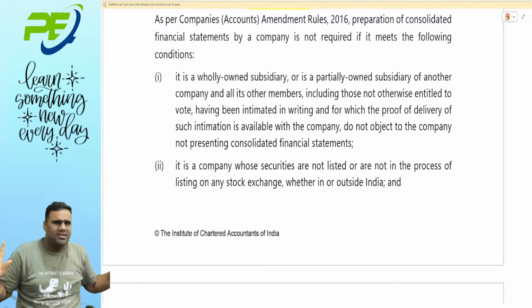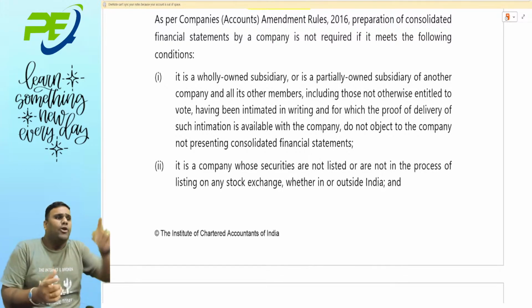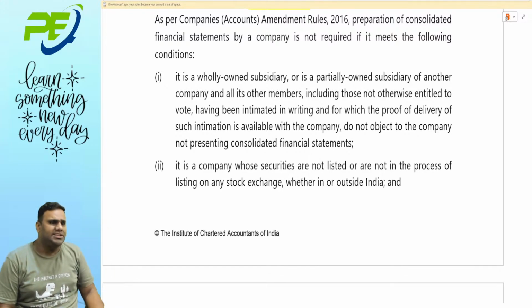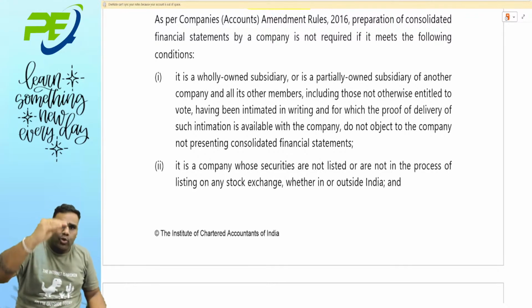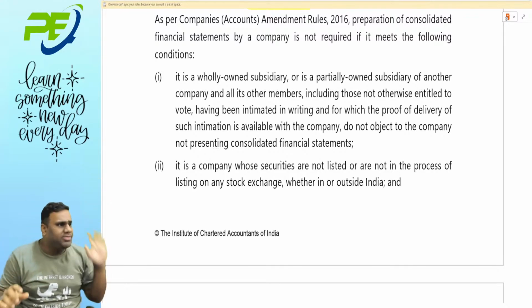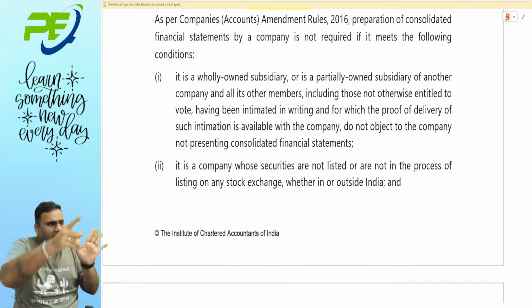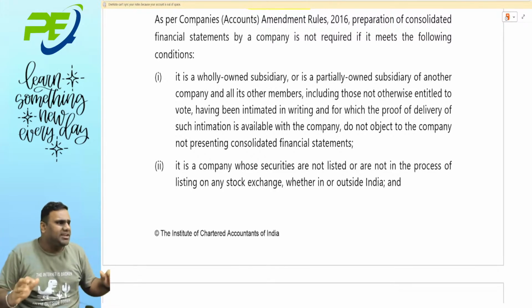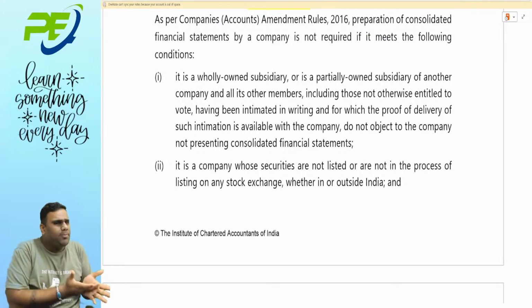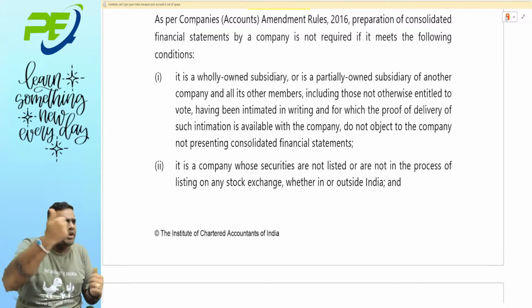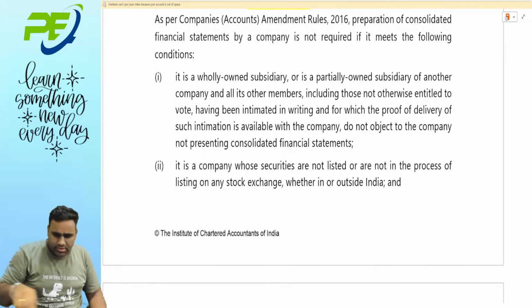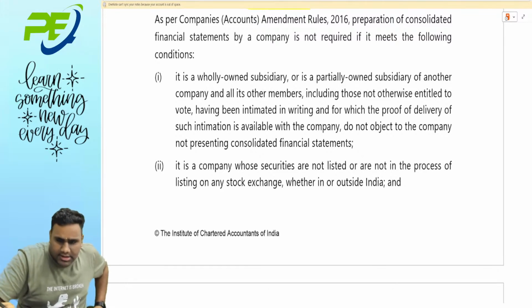Finished. Everyone, who will prepare consolidated financial statement? If holding company shareholders, you have informed them, you have proof that we have informed them and there is no objection, then don't prepare. Why are you preparing mainly for them, and they don't want, why do you have to prepare?